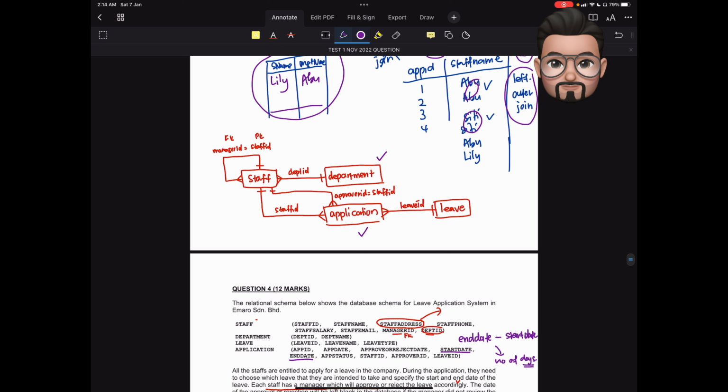There's no direct relationship between application and department, but we know that if application joins with staff on staff ID, then staff joins with department on department ID, then we will get the data that we want. So application joins with staff, staff joins with department.